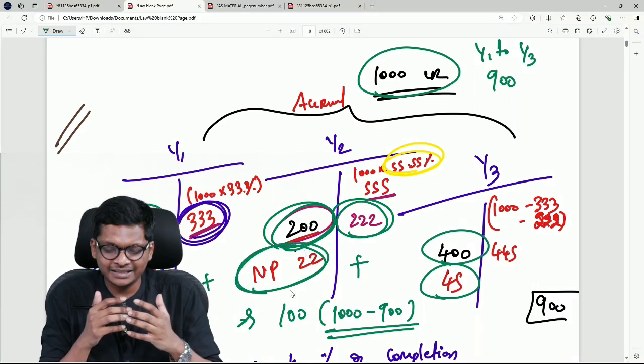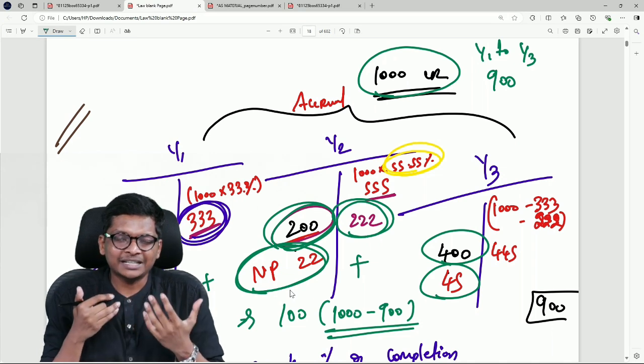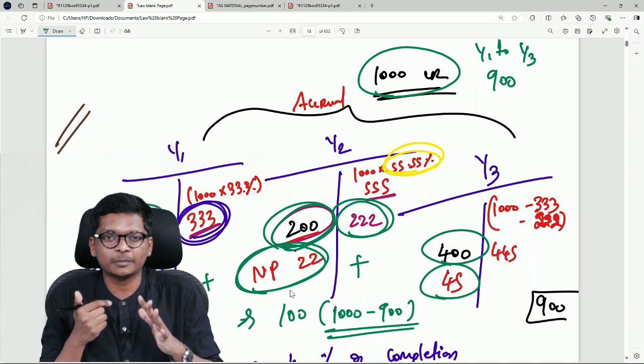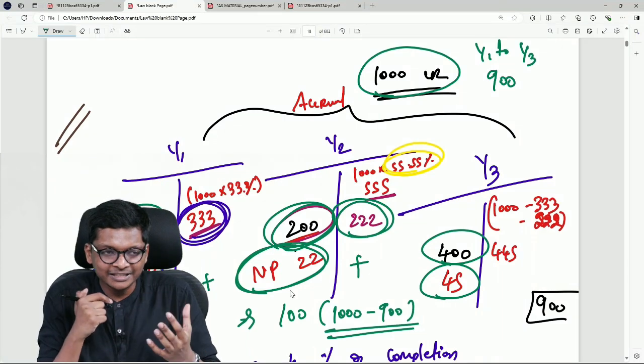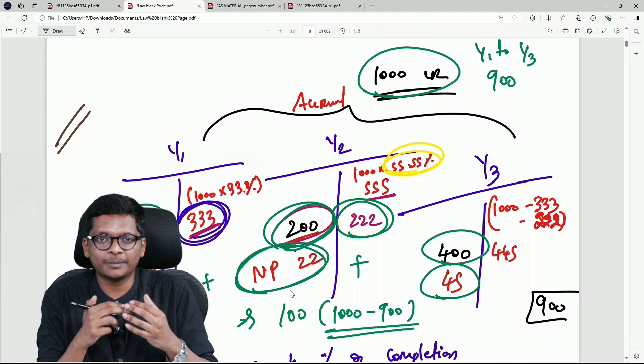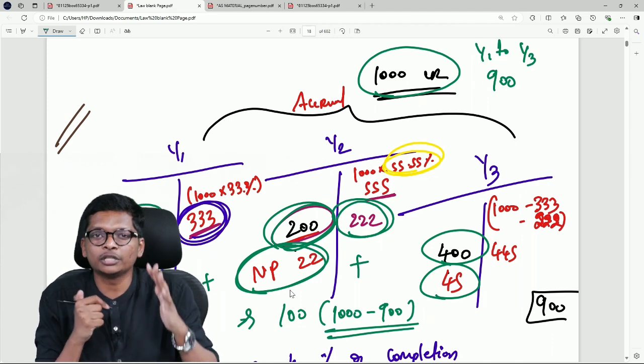Are you getting it, guys? Meaning, if you studied in 1 month only 10% of syllabus, only 10% of knowledge you will get. If you studied in 1 month 40% of syllabus, 40% of CA Inter knowledge you will get.